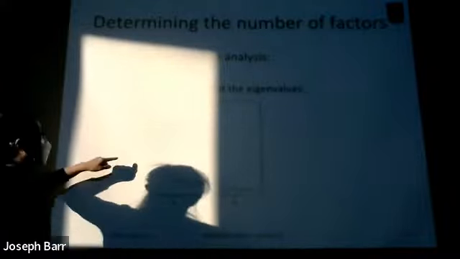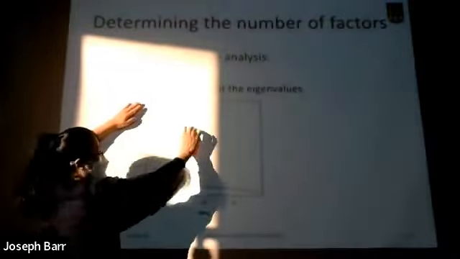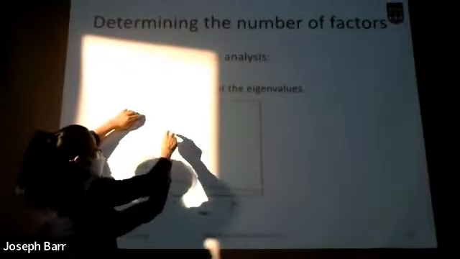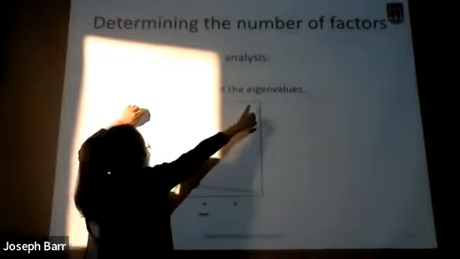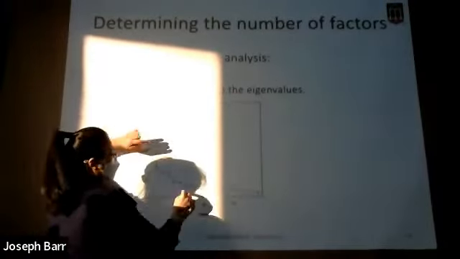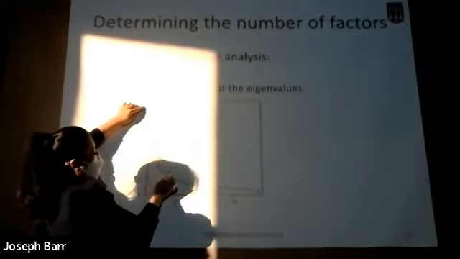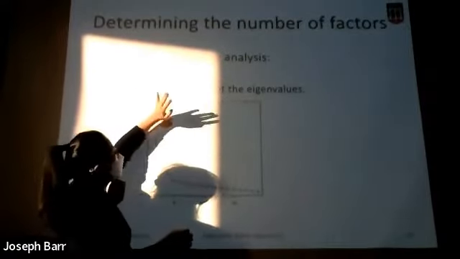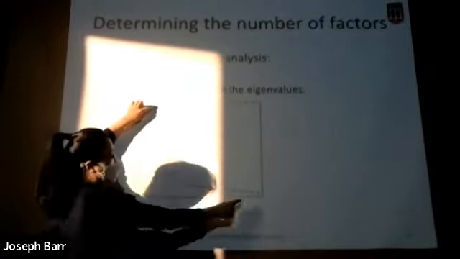The third method: I don't want to do any calculation, I just want to look at the plot. Please look at the slides on your desktop. We have a lot of dots here. These dots are actually our eigenvalues from the largest one to the smallest one.